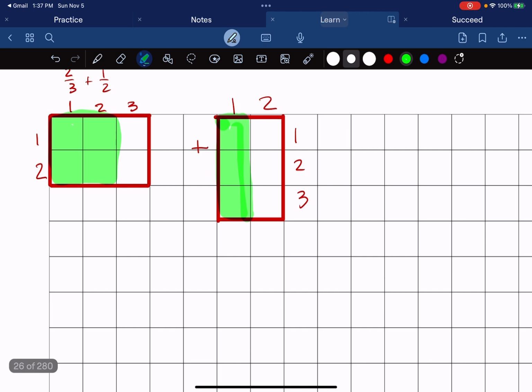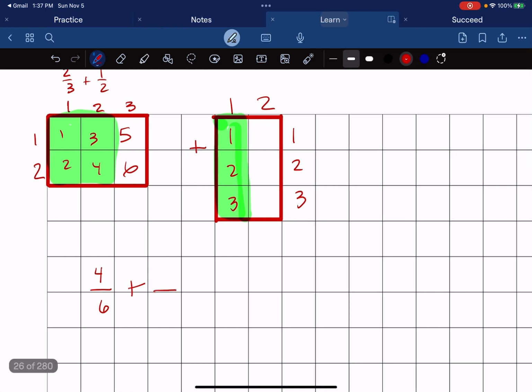Now I can come here and make my equivalent fractions. So I'm going to count 1, 2, 3, 4 out of 6. So I have 4 shaded out of 6. And I'm going to add that to 1, 2, 3 out of 6. Reminder, my denominator should be the same.